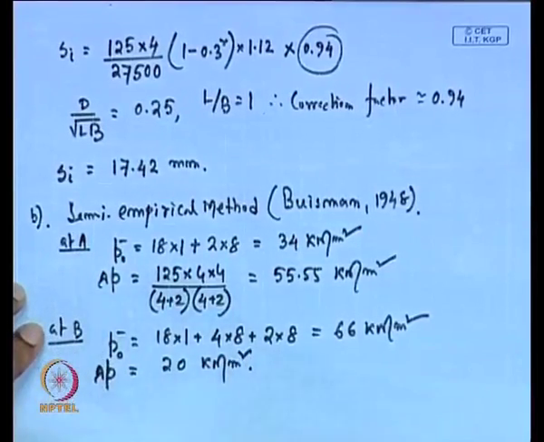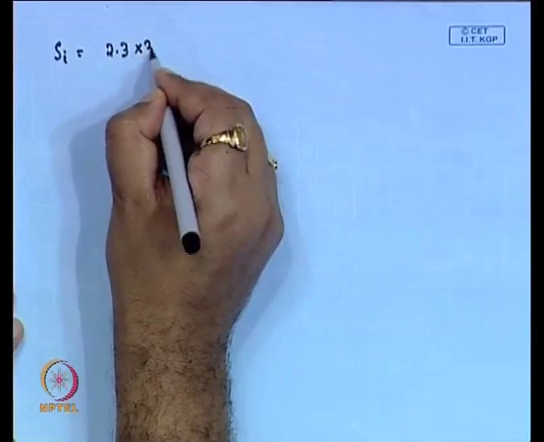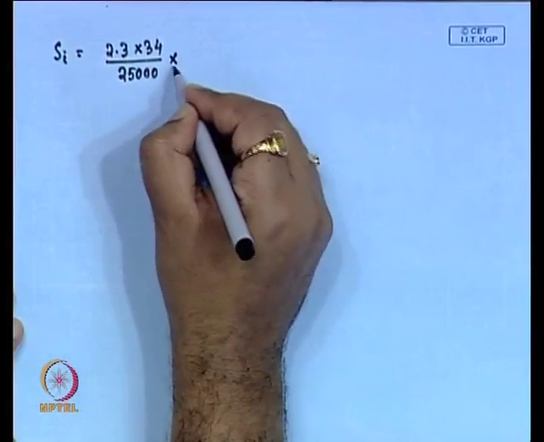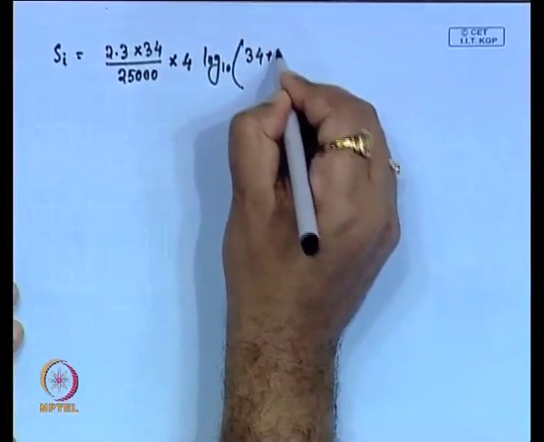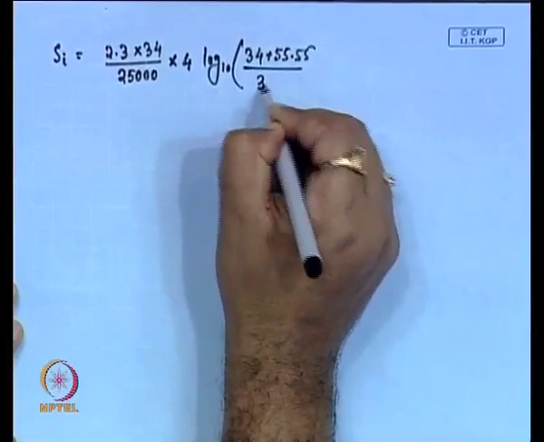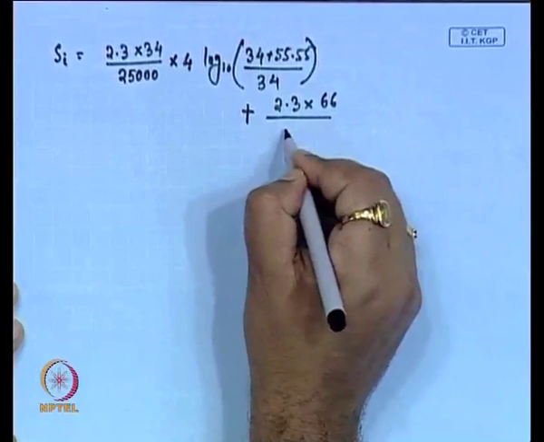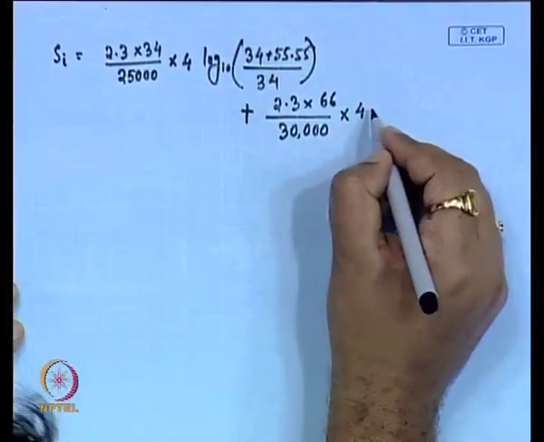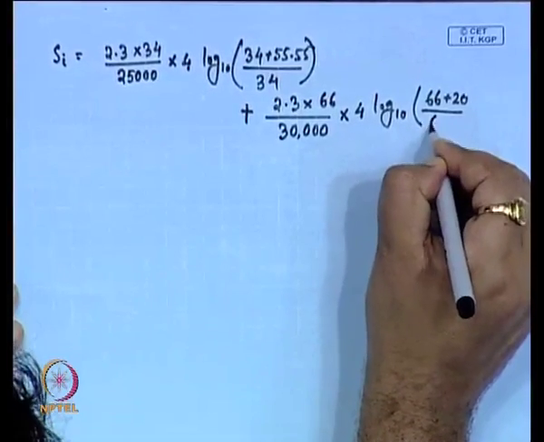So, now the final expression for this method: S I is 2.3 into 34, the P 0 bar, divided by E, which is 25000 for this layer, and 4 is the thickness of this layer, then log of (34 plus 55.55) divided by 34, plus 2.3 into 66 divided by 3000, because this is the elastic modulus of the second layer, thickness is 4 meter for the second layer also, then log of (66 plus 20) divided by 66.